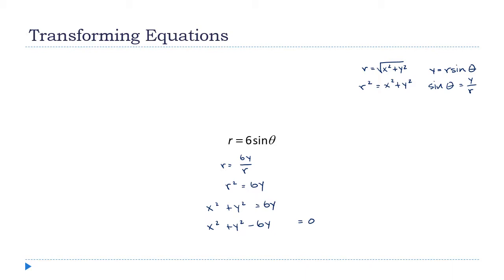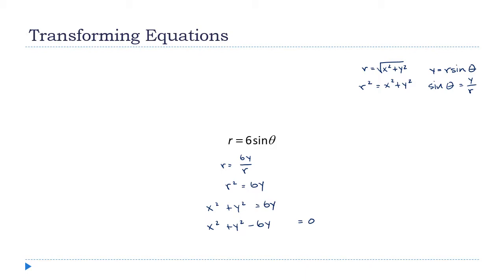Here's the thing to keep in mind: the shapes are the same. The set of points represented by these two different equations are the same. We're just describing them differently. So if my rectangular version is a circle, then the polar version is a circle as well.